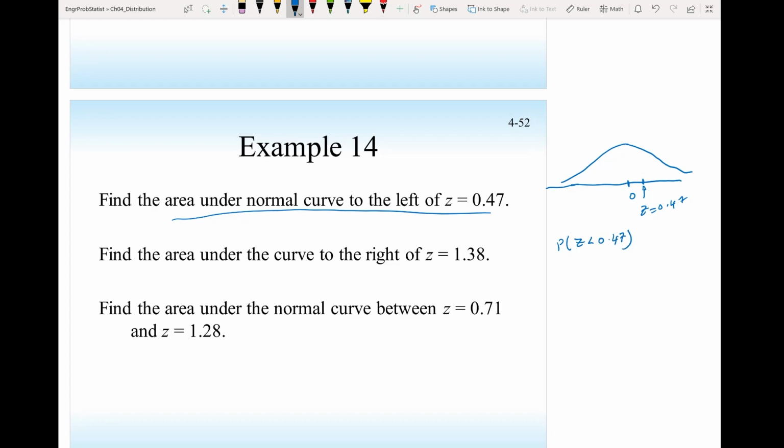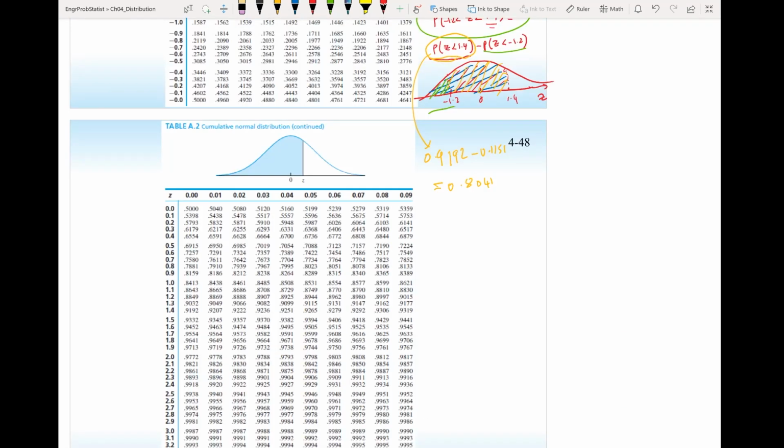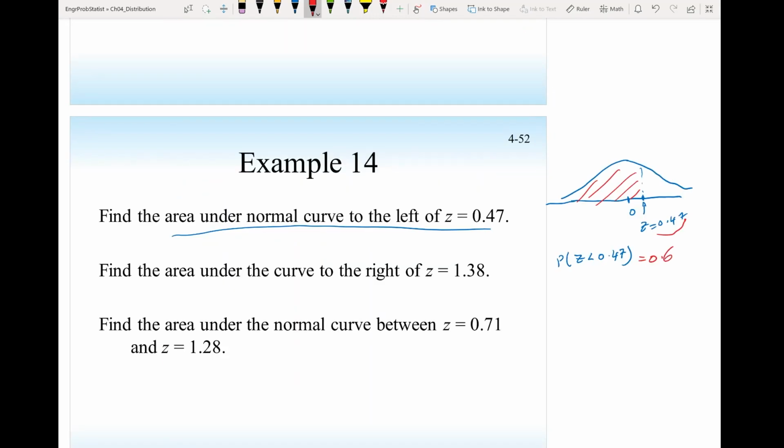So we want to find this area. We go to the table and look for 0.47. That's 0.4, and now we look for 0.07. So the area will be this one, 0.6808.